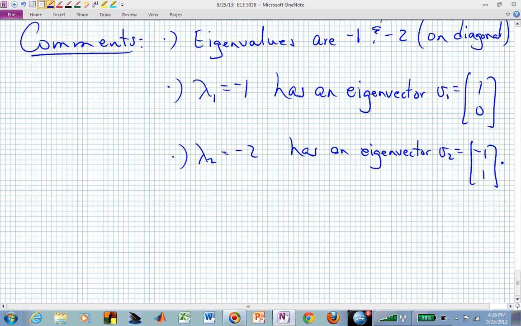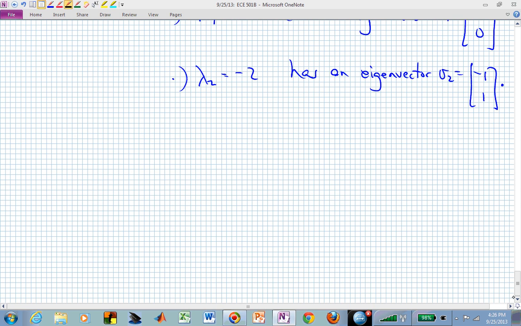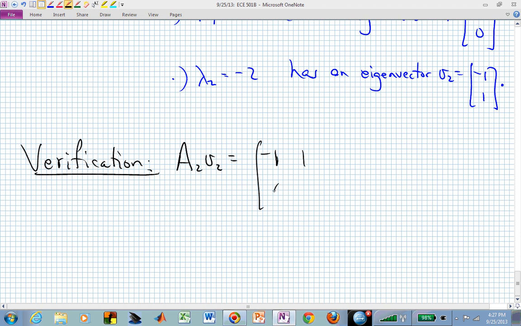And so let's just do that. Let's verify that indeed, what do we need to show? We need to show that A sub 2 times V sub 2 gets back to a scaled version of V sub 2. A sub 2 was [-1, 1; 0, -2]. We hit that with (-1, 1).